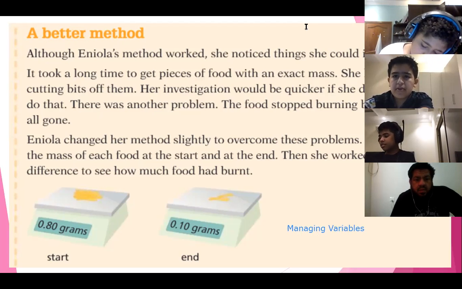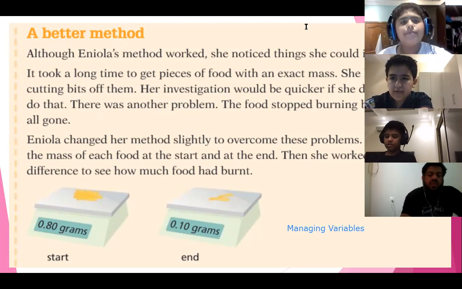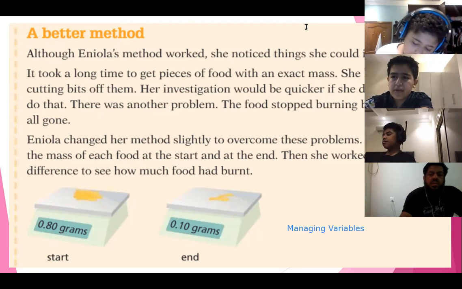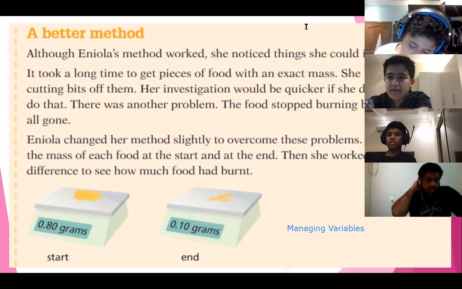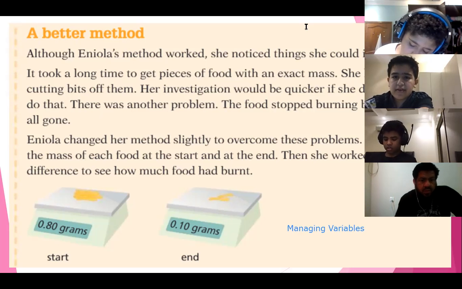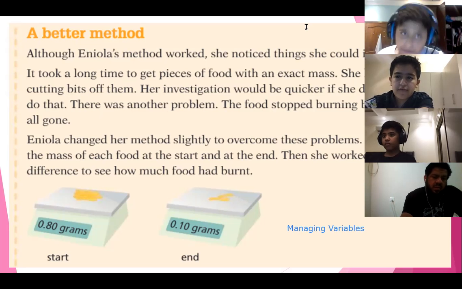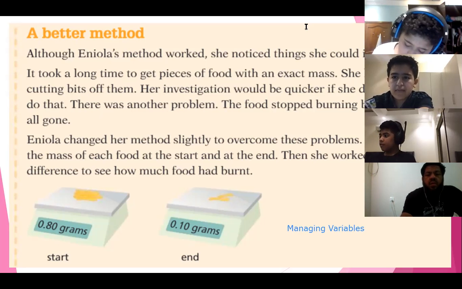There was another problem. The wood stopped burning before it was all gone. Anala changed her method slightly to overcome these problems. She measured the mass of each wood at the start and at the end. Then she worked out the difference to see how much wood had burnt.